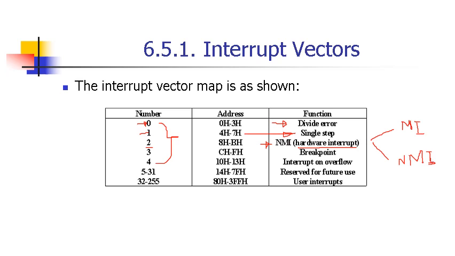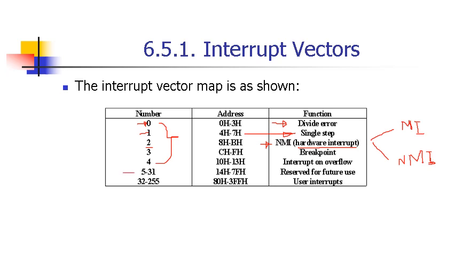We cannot wait to call this, and it cannot be rejected. So a non-maskable interrupt cannot be rejected, while a maskable interrupt can.